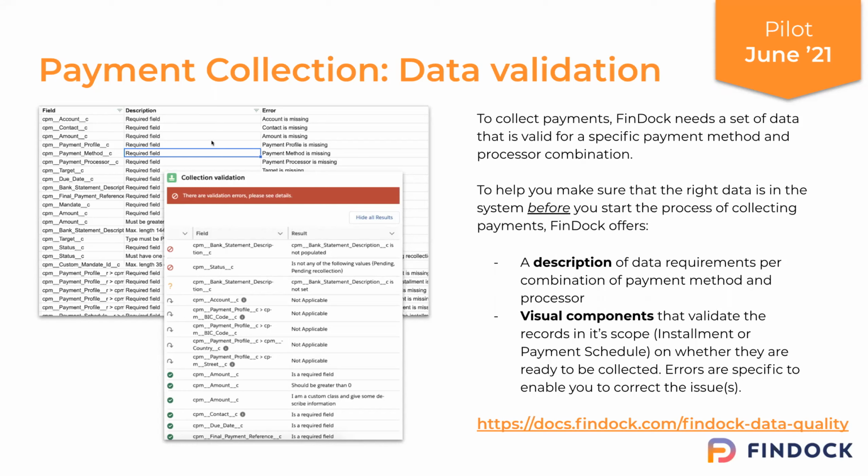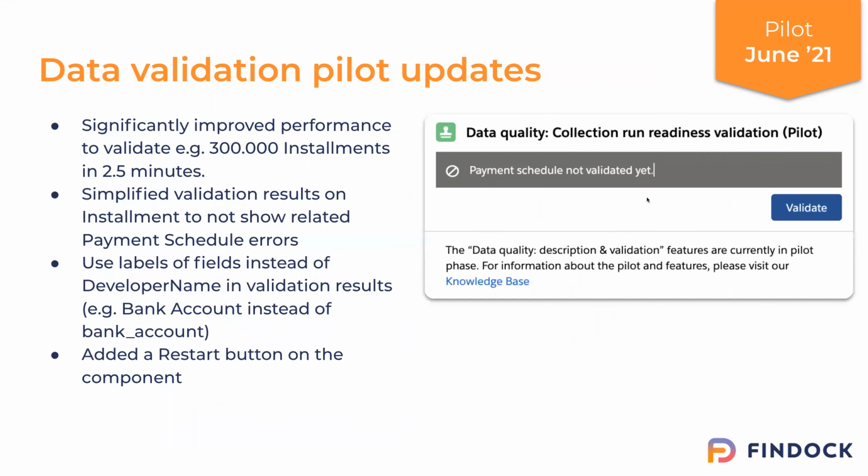And this gives you the ability, before you do your collection, to understand if your data is valid. And if it's not valid, it very specifically points you towards a data point that needs improvement. Now, this is still in pilot, but we've made tremendous upgrades on this in the last weeks.